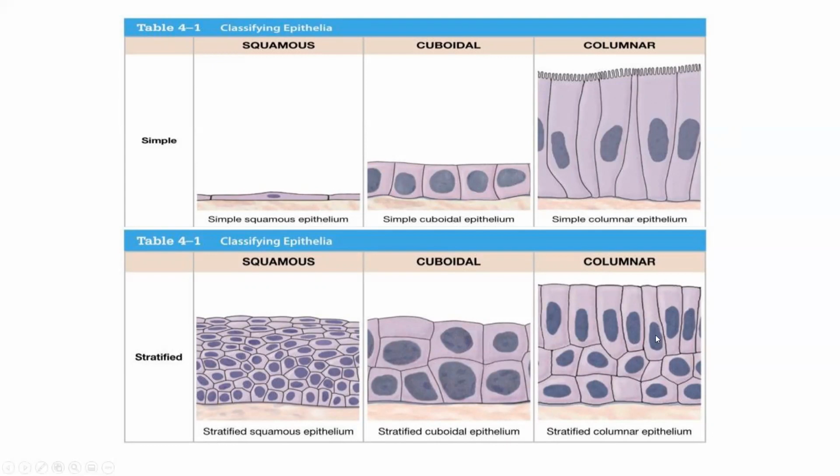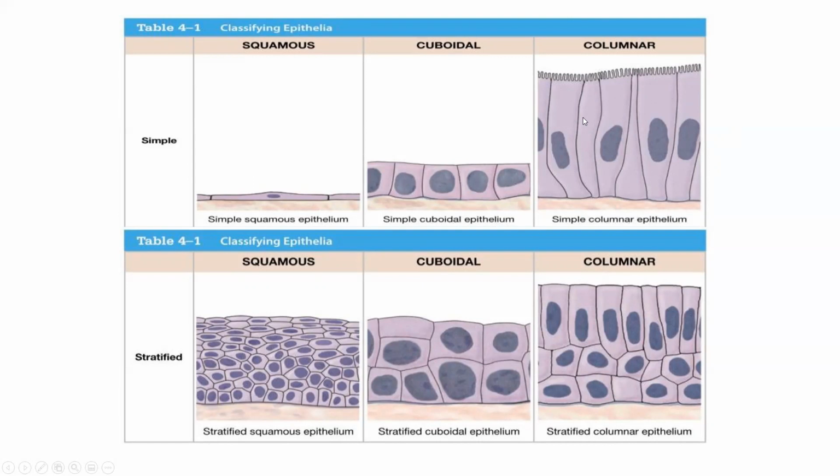The third and final option you have is columnar. And with these columnar cells, they look elongated in a longitudinal format. Most resembles a pillar. So there you have it, squamous, cuboidal, and columnar.